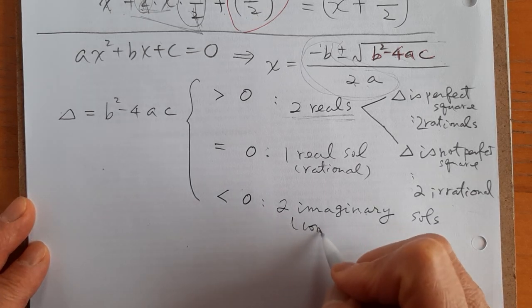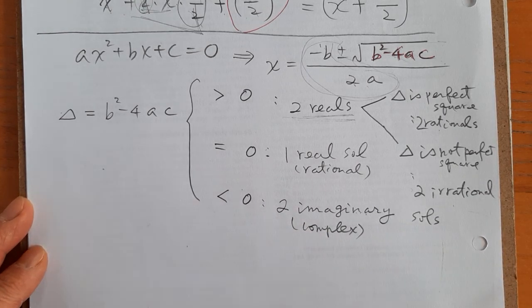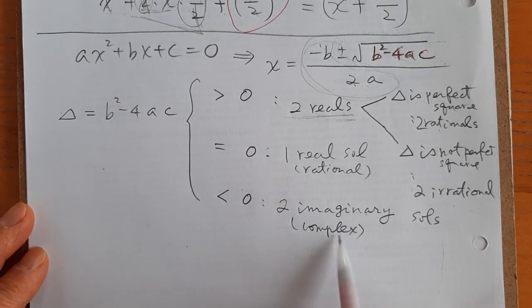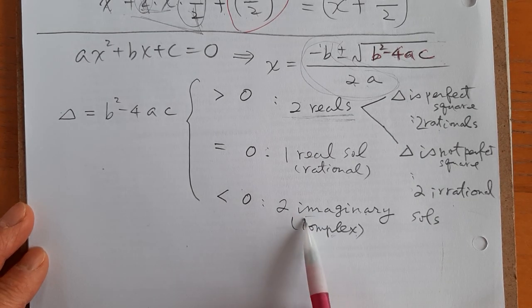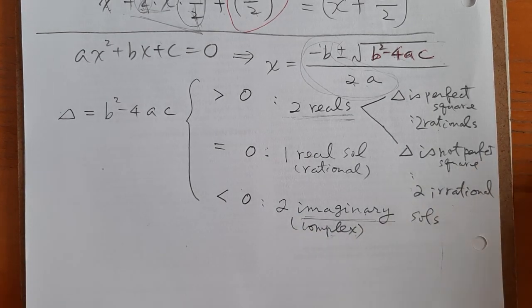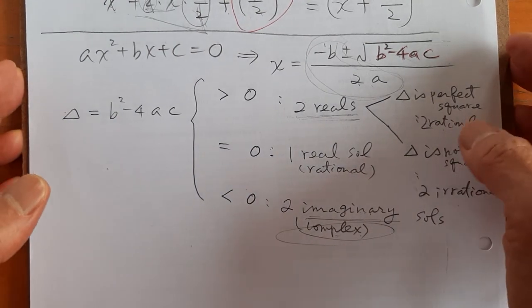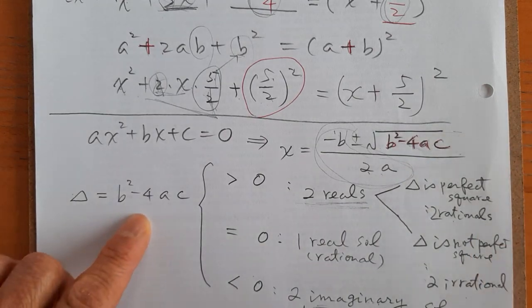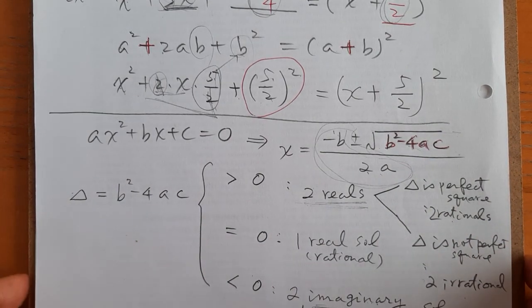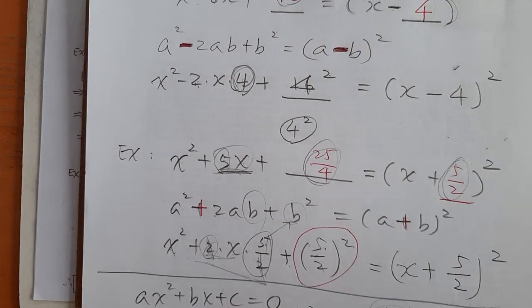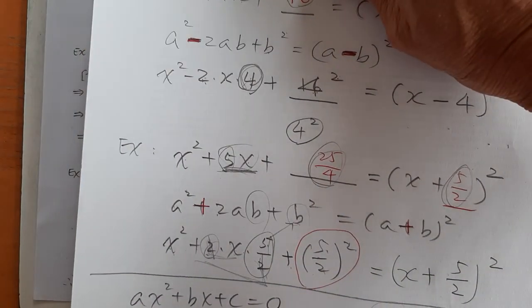Some books say complex number, but complex numbers include real numbers. So in order to be specific, we just say two imaginary solutions. You can also say two complex numbers as solutions. So use b squared minus 4ac to determine how many solutions there are and the type of solutions. Let's try an example.